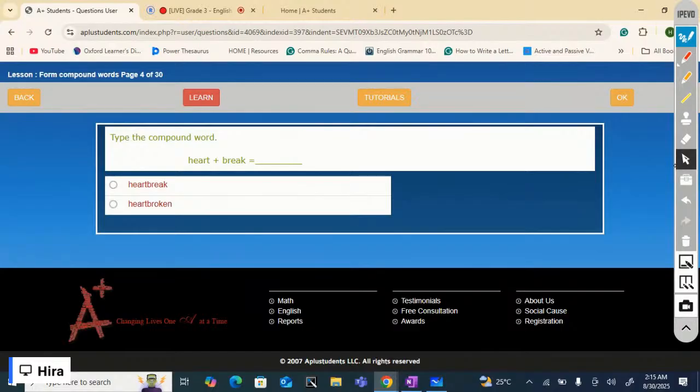The next two words are heart and break. Now make a new word, a compound word.